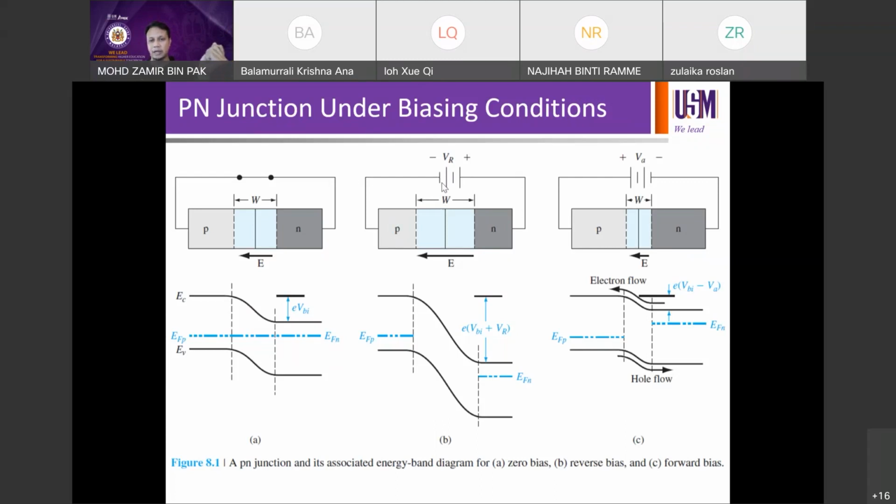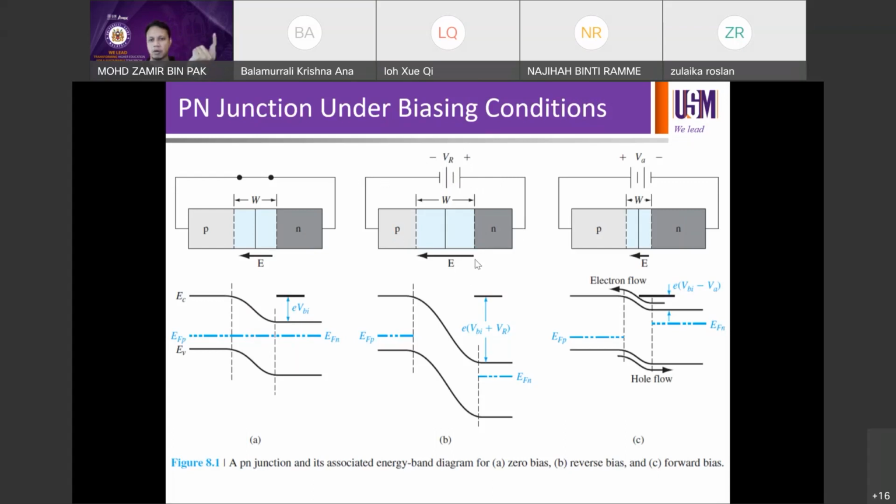That means the negative terminal goes to the positive material, which is the p-type, and the positive terminal goes to the negative material. The moment you connect them in reverse polarity, you call it reverse biasing. And the voltage which controls the bias level is called the reverse bias, VR.